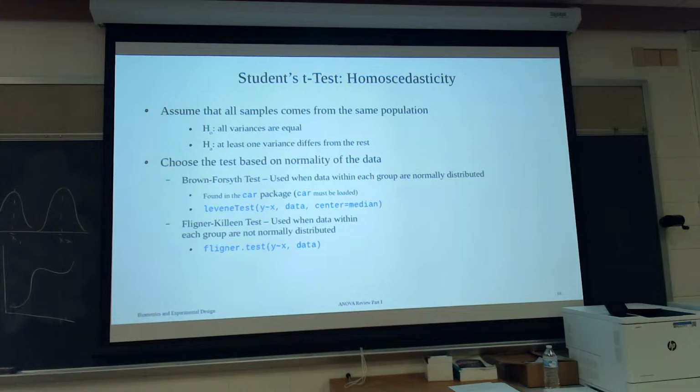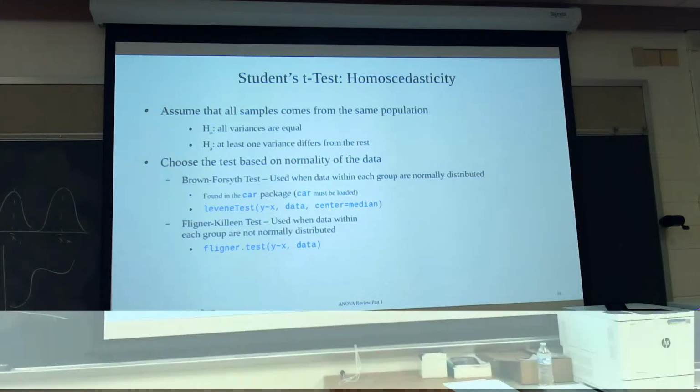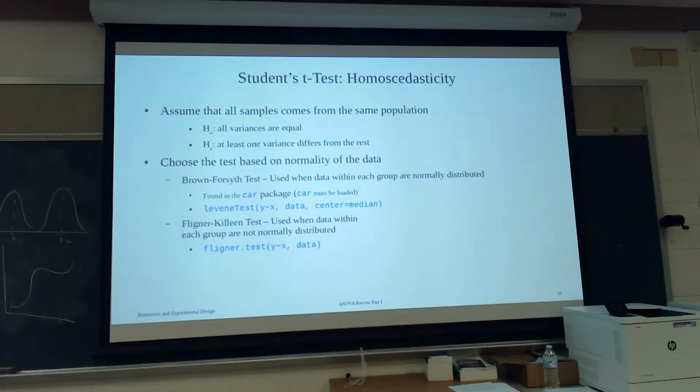The Fligner-Killeen test is a built-in function. We use that when the data are non-normal, or if we have suspicions that the data are non-normal. The function for this is fligner.test, and we pass it a formula: y is a function of x. Again, y is our dependent variable, x is our independent variable.